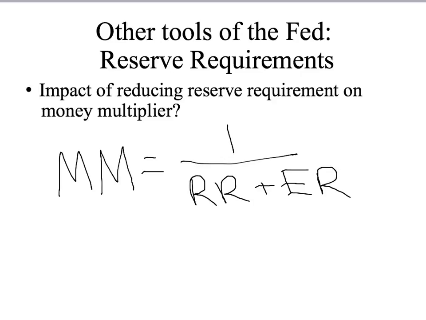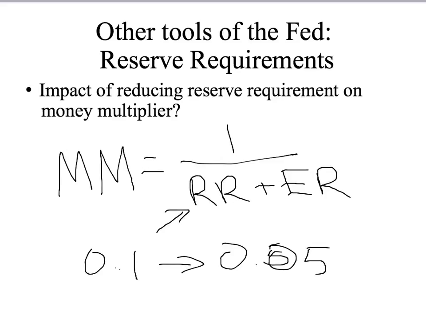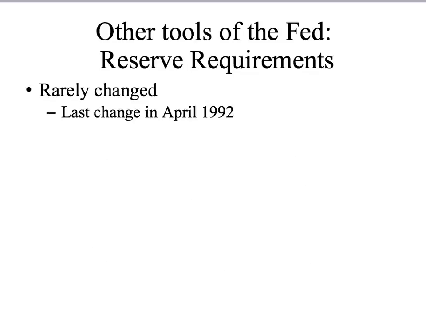So imagine if the reserve requirement goes from 0.1 to 0.05, then the money multiplier is going to go up accordingly. Turns out we don't change the reserve requirement very much. The last change was in April 1992.